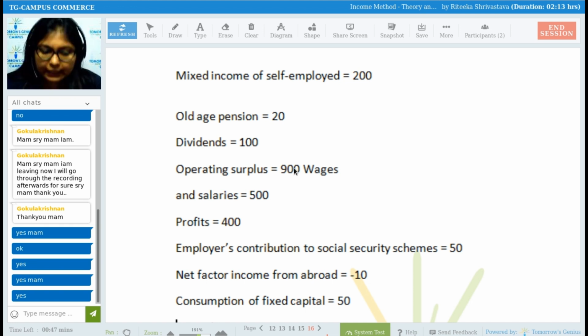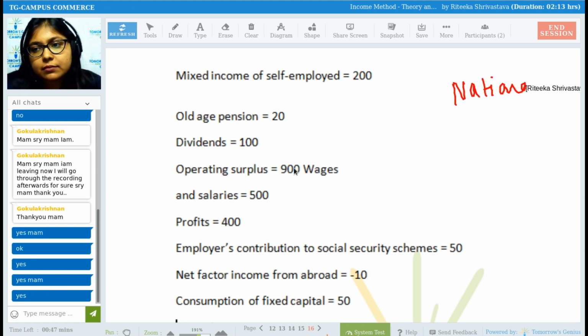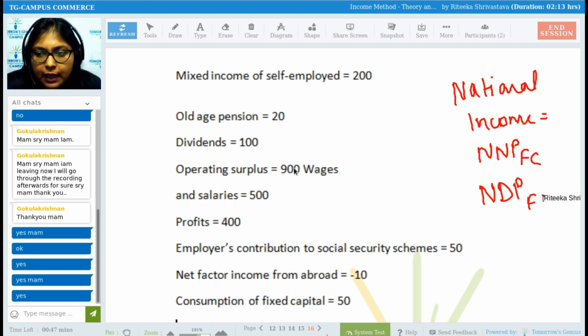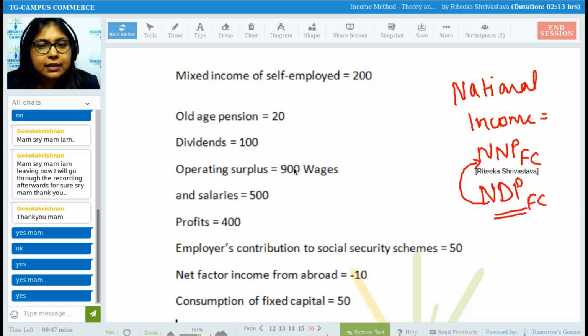The aggregate of national income is NNP at FC. Okay, NNP at FC. So first of all, what we will do? First of all, we will find out NDP at FC. Formula I have given. Once you find out NDP at FC, you have to go to the next aggregate which you have to find in the question, that is NNP at FC.